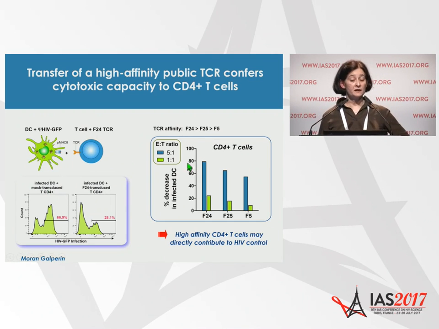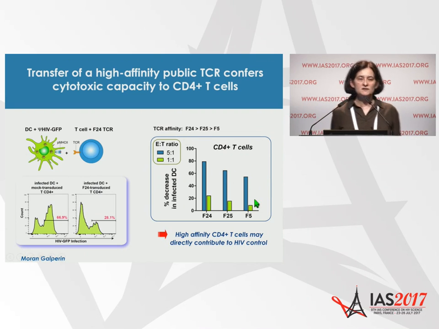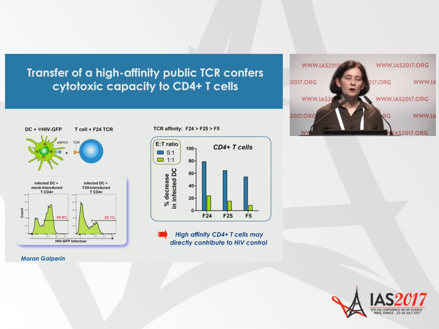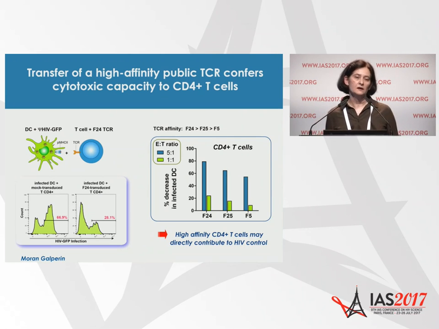This effect was effector-to-target ratio dependent, and also it depended on the affinity of the TCR, as shown here by comparing 3 TCRs of decreasing affinity. So this finding suggests that the high-affinity CD4 T-cells may directly contribute to HIV control by eliminating MHC class II positive HIV-infected cells.